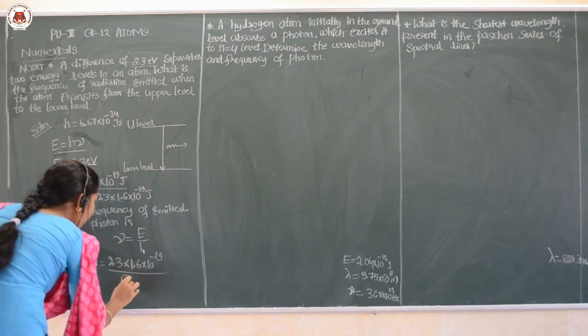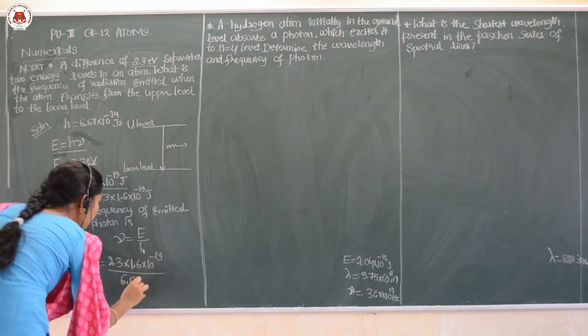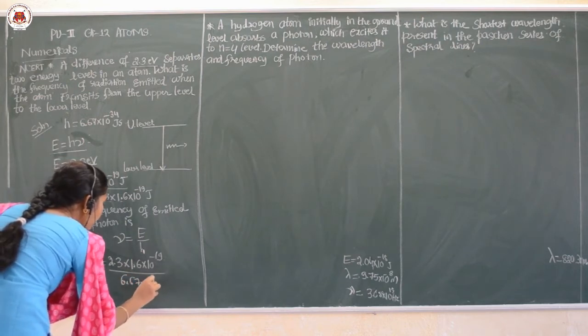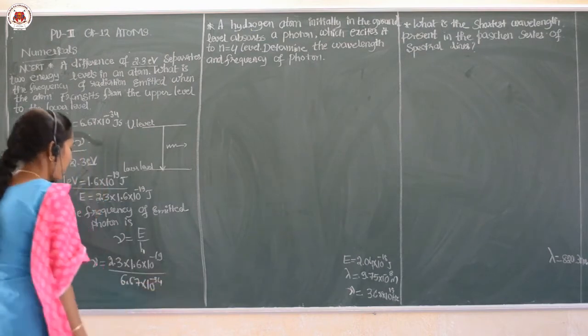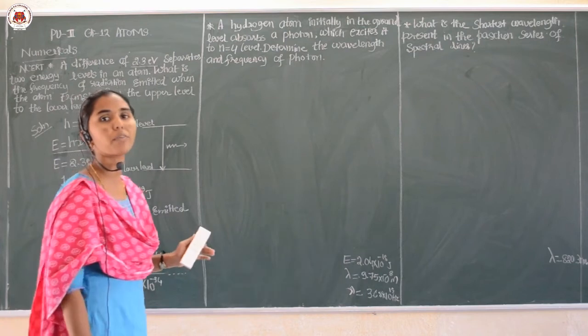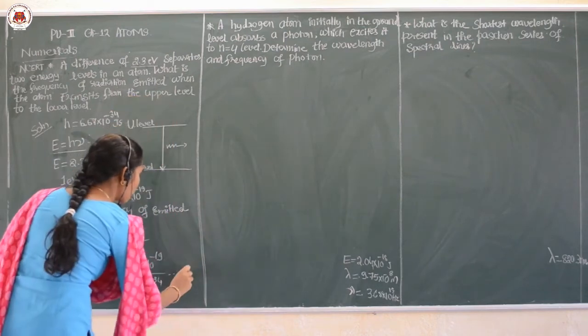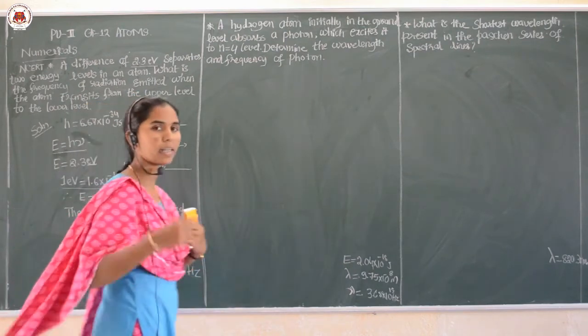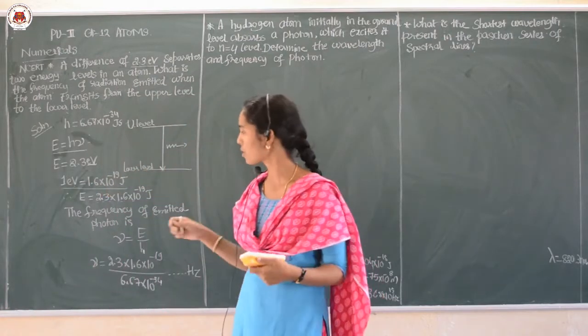Substitute that value, 6.67 into 10 raised to minus 34. After the simplification you get the value of the frequency in hertz only. Am I right, dear student? I hope you understood the step, right.